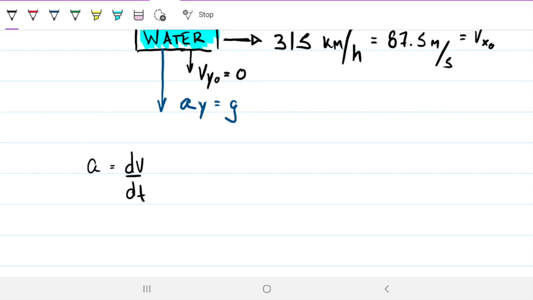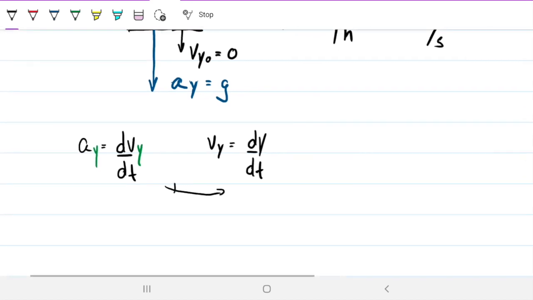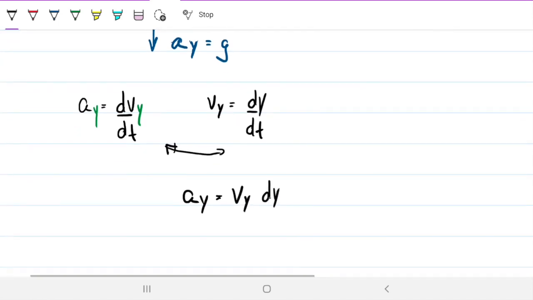I'm just interested in the y direction, so a_y equals dv_y over dt. We also know that velocity in y is how my y position is changing with time. We can combine these two, and you can show that the acceleration can also be understood as the velocity multiplied by how the velocity changes with position.